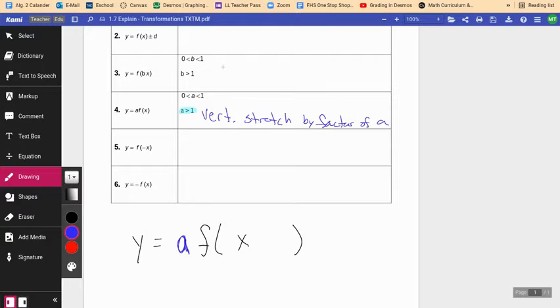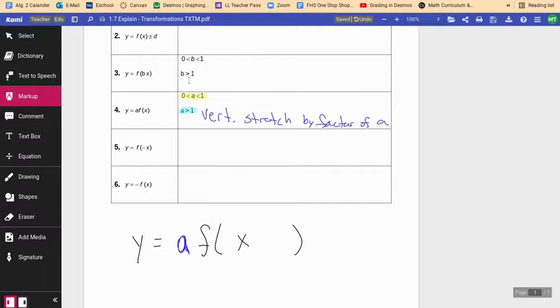The second thing that can happen is that A can be a number between 0 and 1. That's how you write mathematically that A is between 0 and 1.